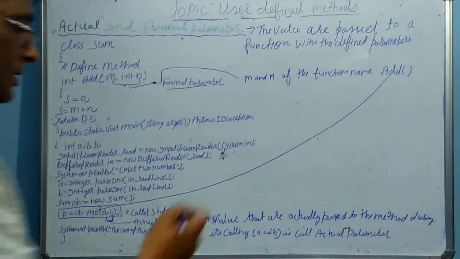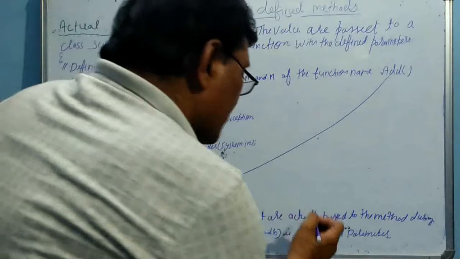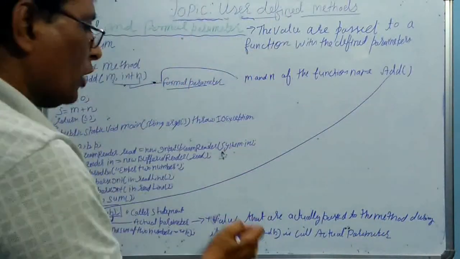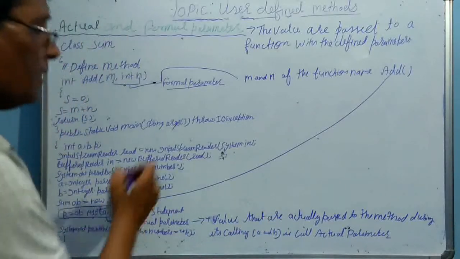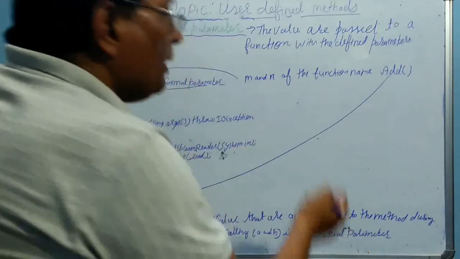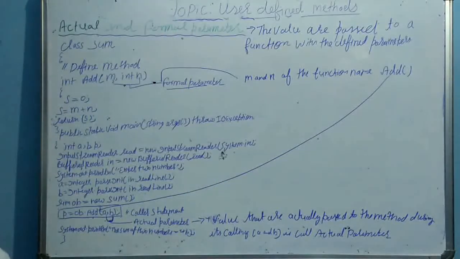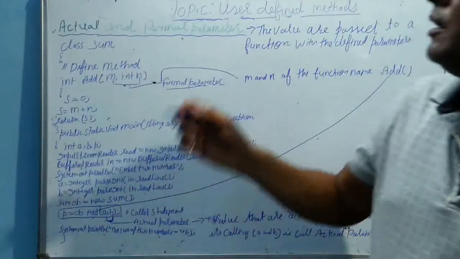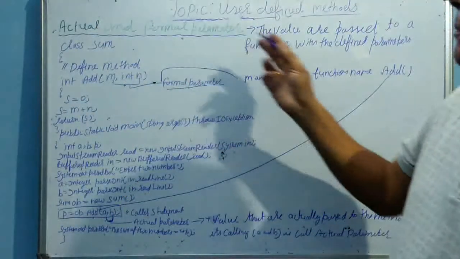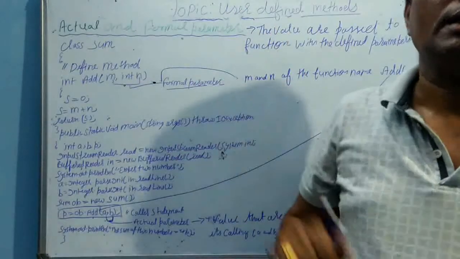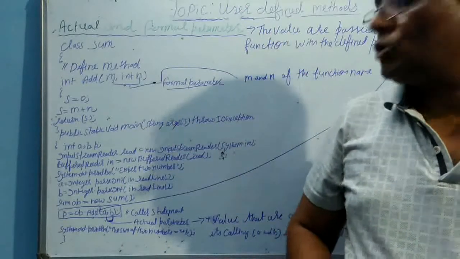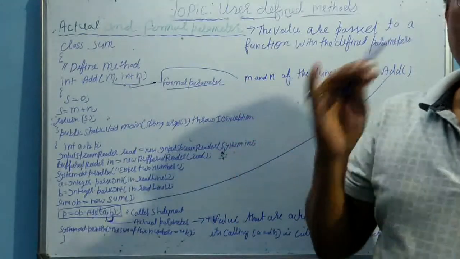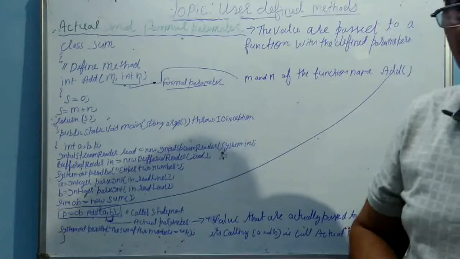So again I am repeating, the values that are actually passed to the method during its calling, a and b, are called actual parameters. I think all the students understand well the actual and formal parameters and how they store the value. Through this program we can store the value.